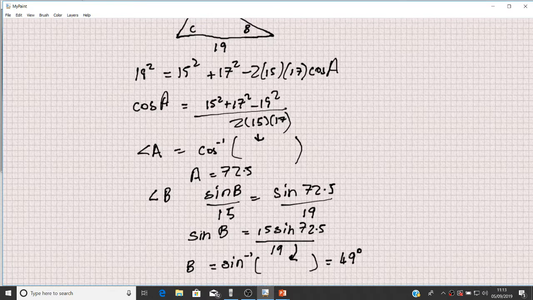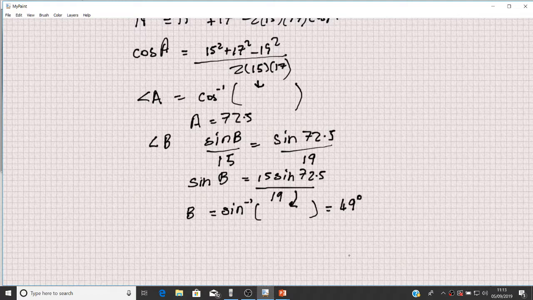Which leaves me with just one angle. Now we know all the angles in a triangle always add up to 180 degrees, so C must be 180 minus the sum of A and B, 72.5 plus 49 degrees.